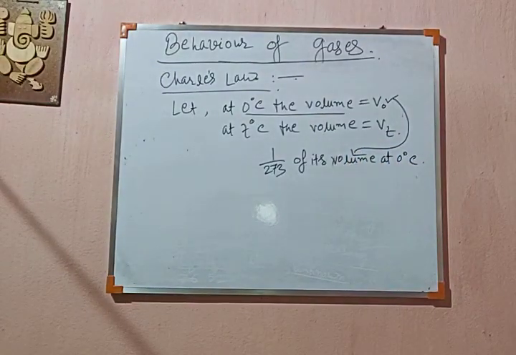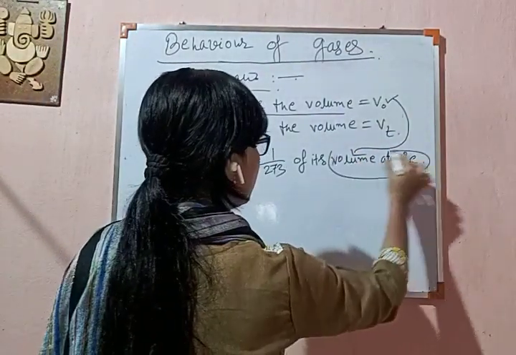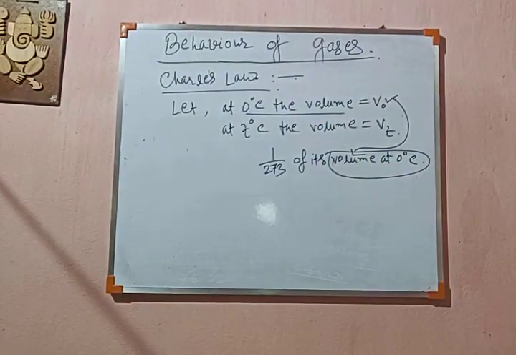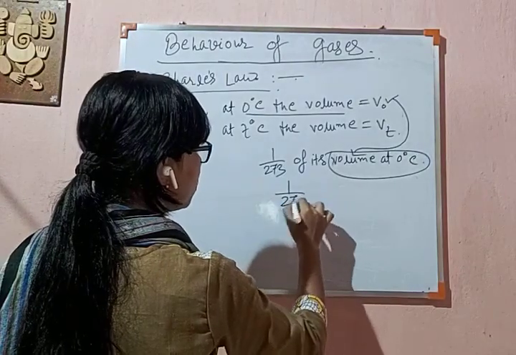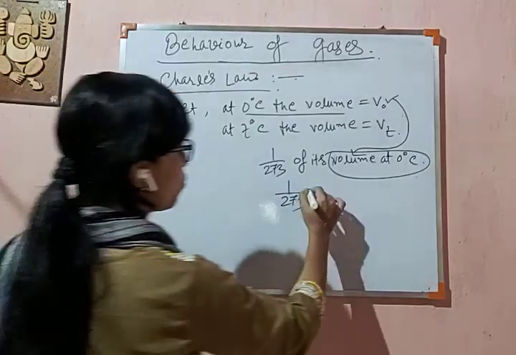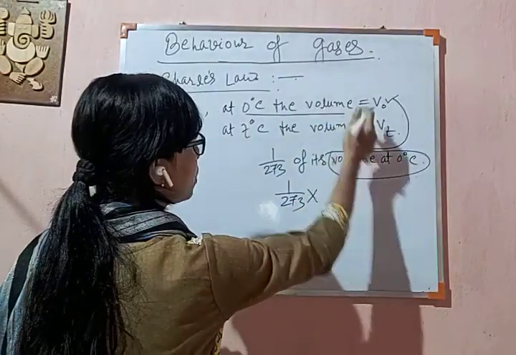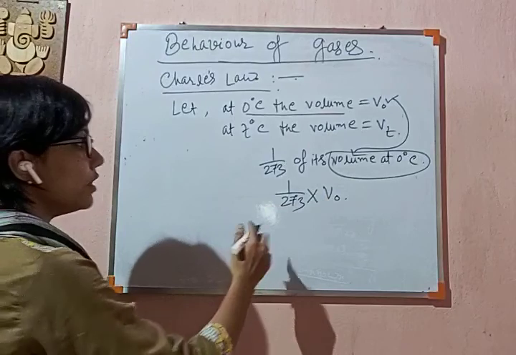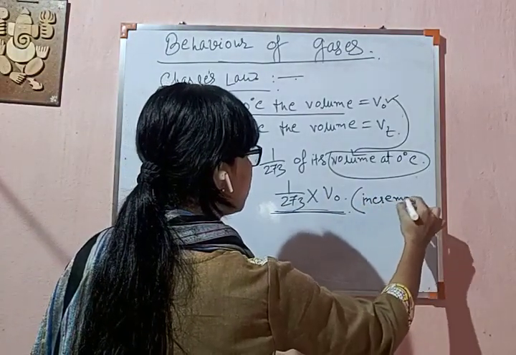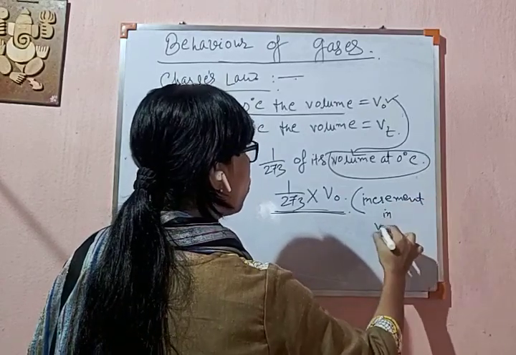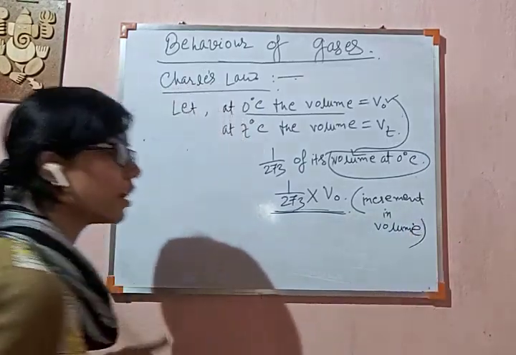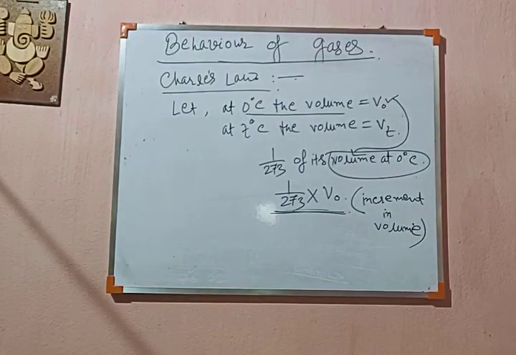Of means multiplication, so we write 1 by 273 into V0. This is the increment in volume, observed when we increase the temperature by 1 degree.